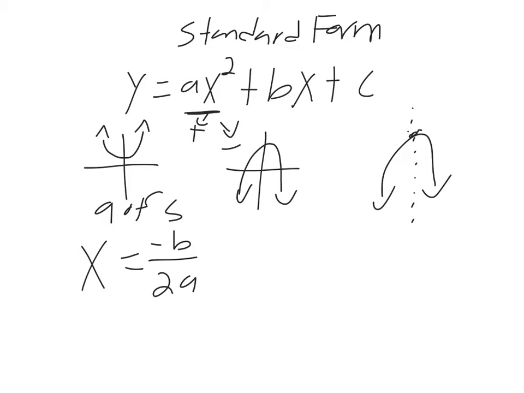So our vertex is the point on the axis of symmetry, the point where the parabola turns. So it would be either the maximum or the minimum. And we can find that by plugging in, right? So we would take this x value and plug it into our quadratic equation, and it would give us something like -1, 2. And that would be our vertex.